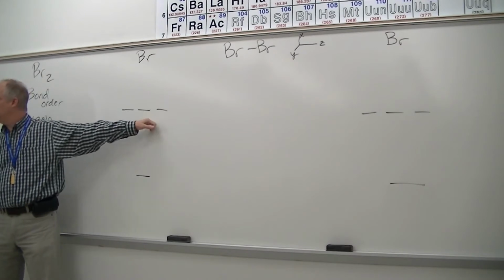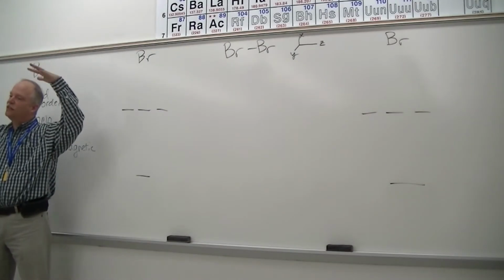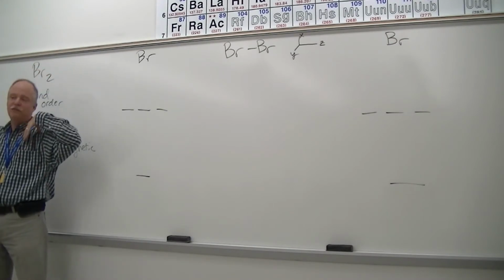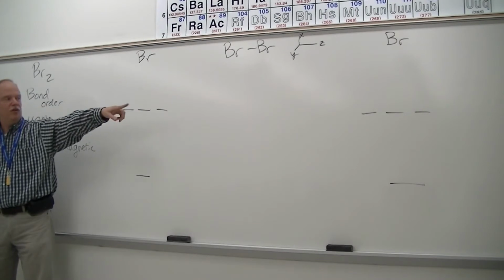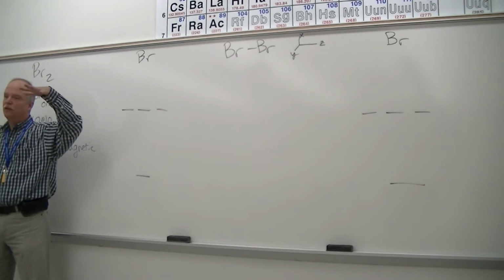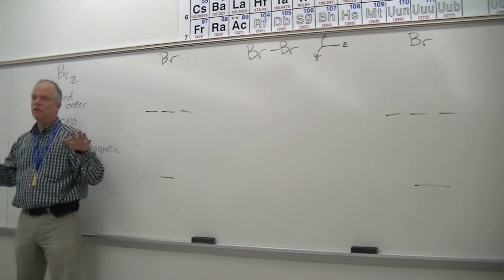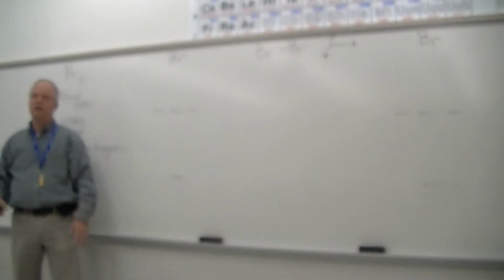Just to let you know, all the highest orbitals in any valence system: the 1s orbital is the valence orbital for hydrogen, and the p orbitals are the highest orbitals for the bromine, and so those are going to be pretty close to each other. Just so you know, those valence orbitals of the atoms are going to be across from each other.